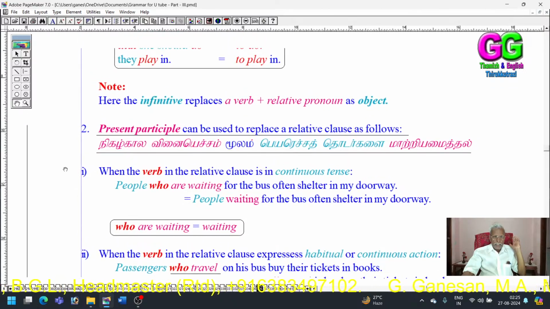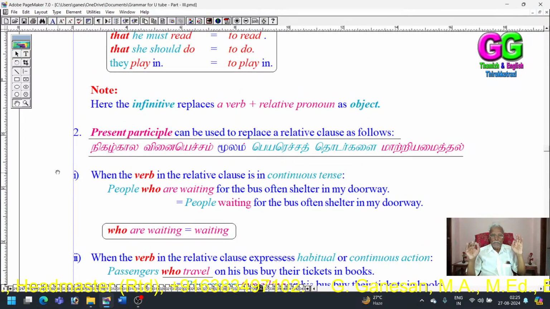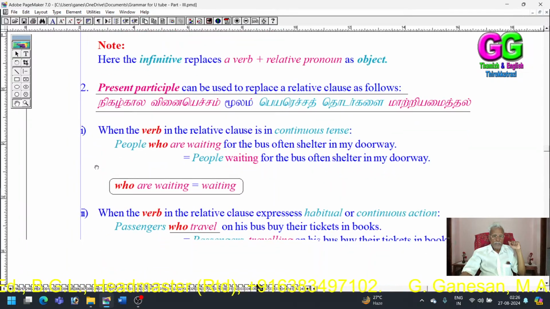Then, lastly, in today's class, we are going to see how we can use a present participle to replace a defining relative clause. A present participle can be used to replace a relative clause as follows.